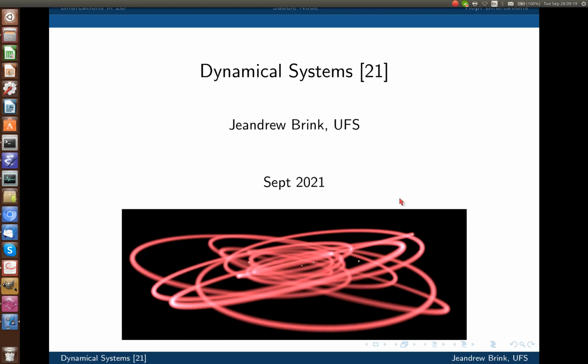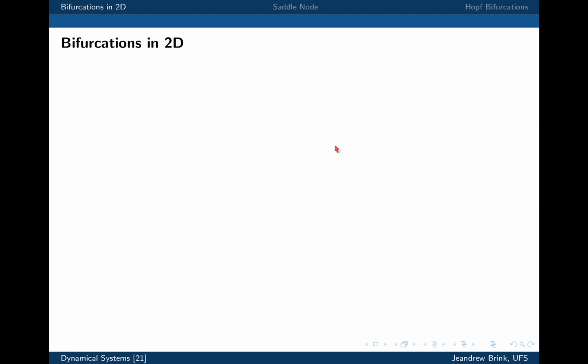So what we're going to do today is start bifurcations in 2 dimensions. If you remember, we went back to 1 dimension, where we had these bifurcations where you simply had a parameter in your 1-dimensional system and you looked at how the fixed points change.